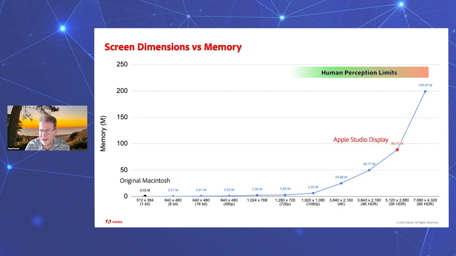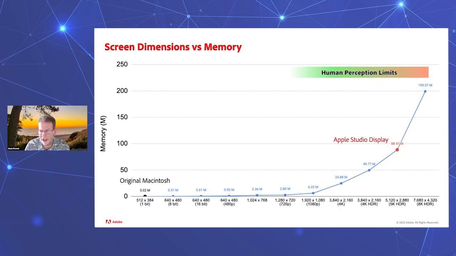I certainly cannot tell the difference with video between 1080p and 4K. For stills and text, I'm fine at 4K. I can see a minor difference with 4K HDR. But that's about it for me. I really can't see a difference at 5K HDR or 8K HDR.